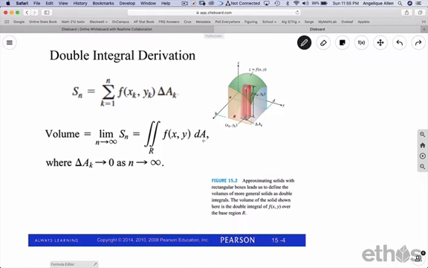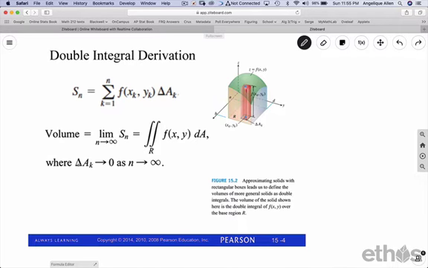So it's three-dimensional, and the area provides two of the dimensions, and the f of x y term gives you the height of that column, so that turns it into area times height, which would be volume. And we're adding them all up, that's the S, and then we're letting the number of partitions go to infinity. So they're getting smaller and smaller and smaller.